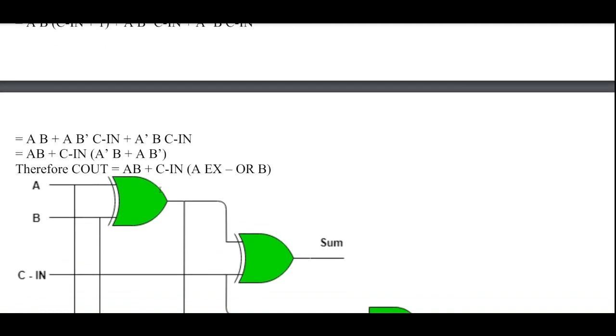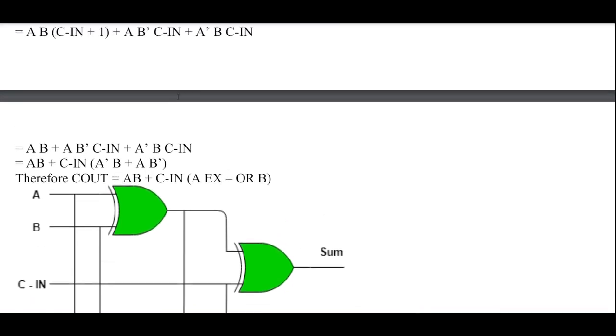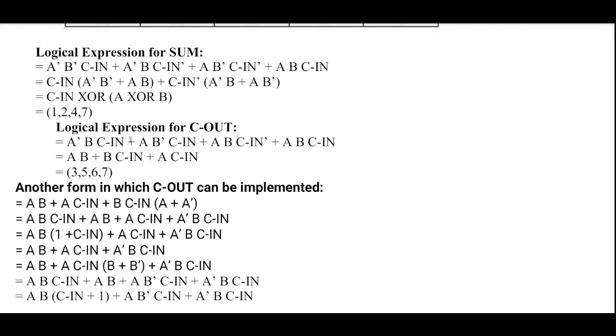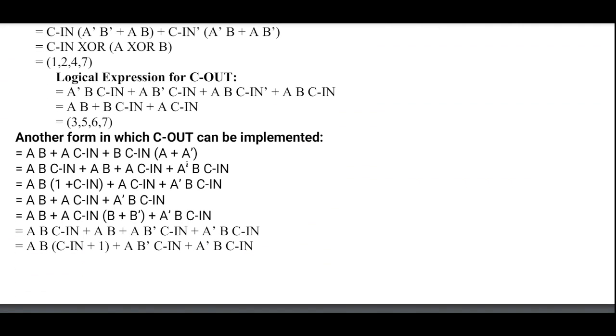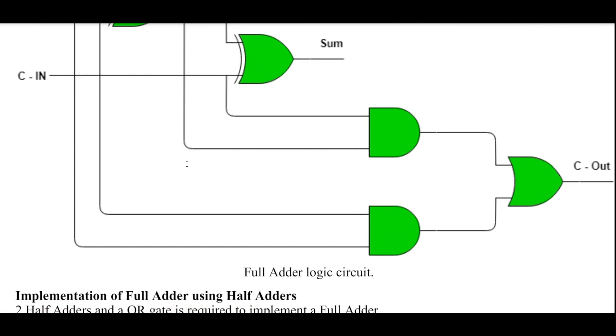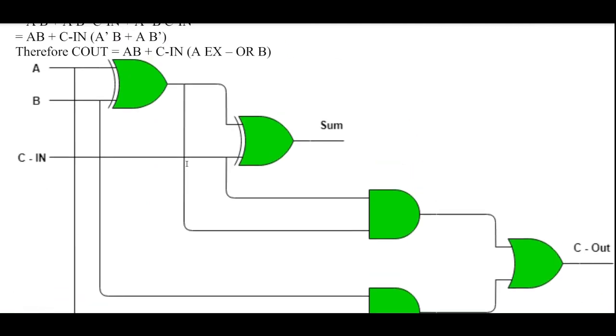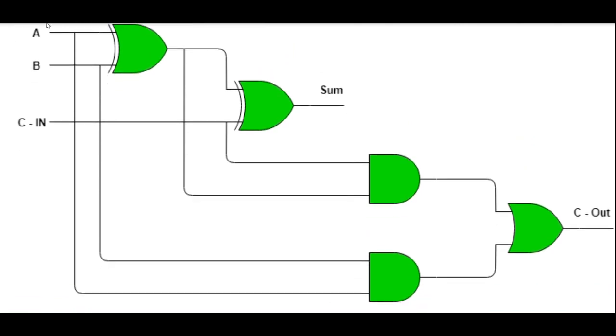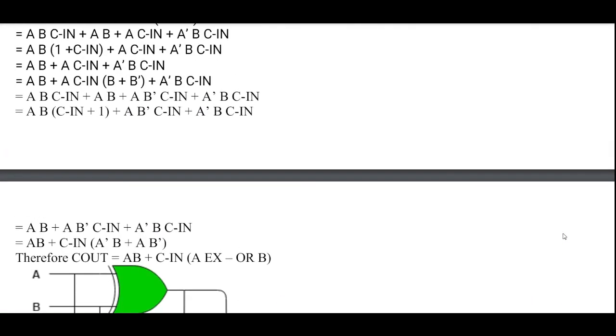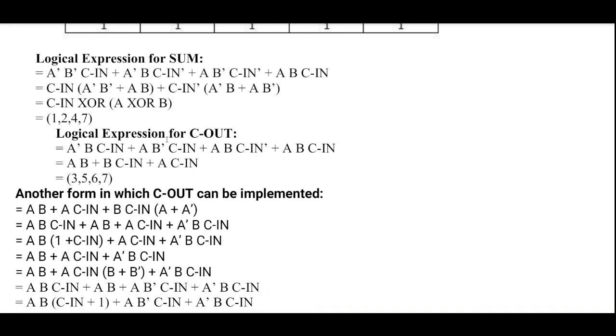I suggest you do this because when you get AB plus BC plus AC and construct it using the XOR and NAND gates, you may not get the predicted output for the implementation.